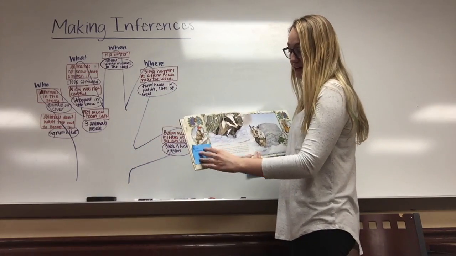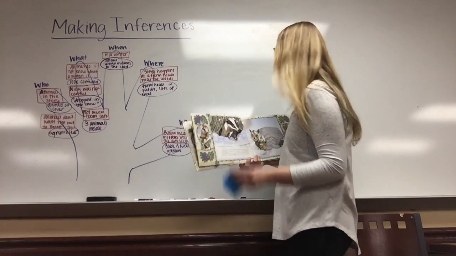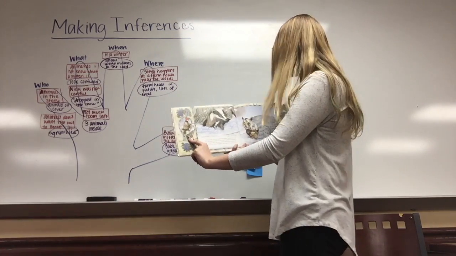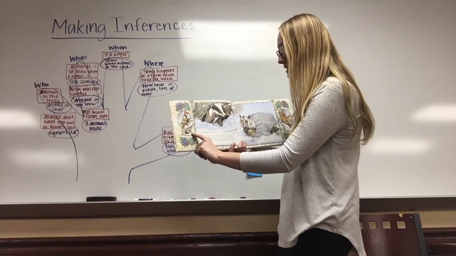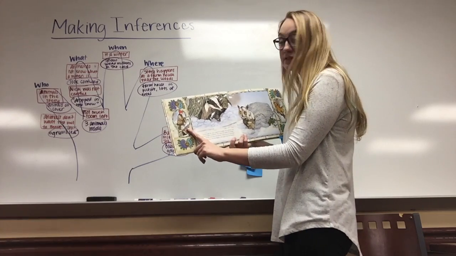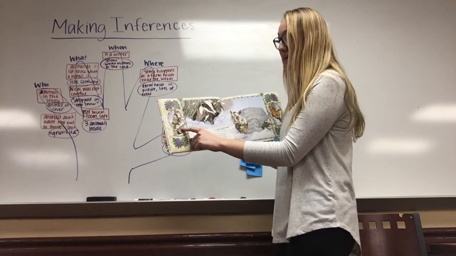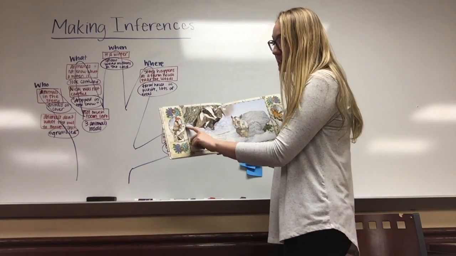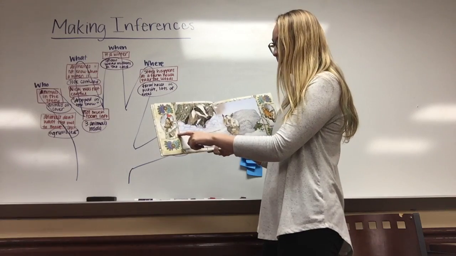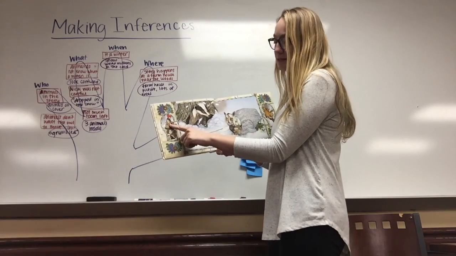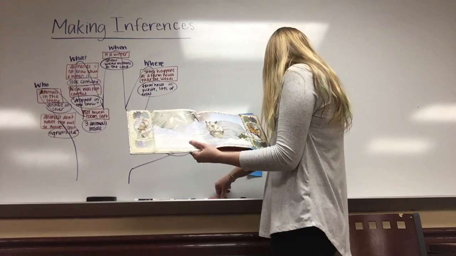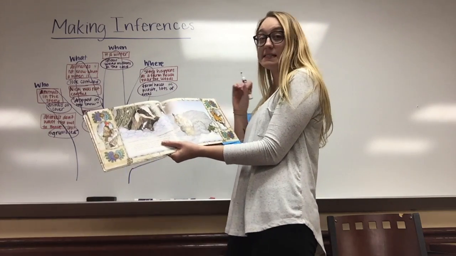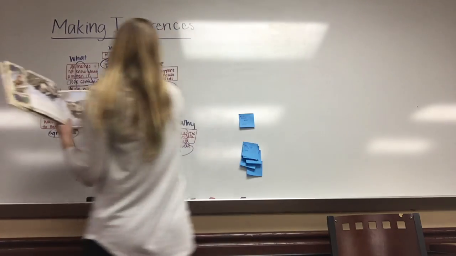I am going to make an inference on this page before we even read any words. I'm going to use this picture over here to guess that Nicky still doesn't know that he lost his mitten. I'm going to guess that, or infer that, because he's still over here playing in the snow. And you can see there's only one mitten on his belt. So, we're going to put that with the when, because he still hasn't realized it.